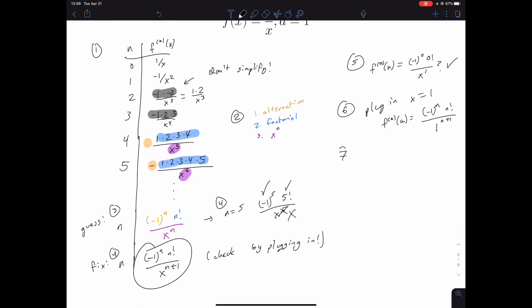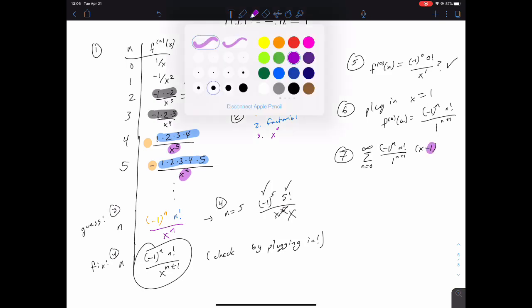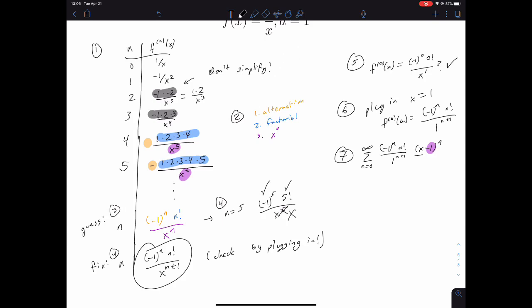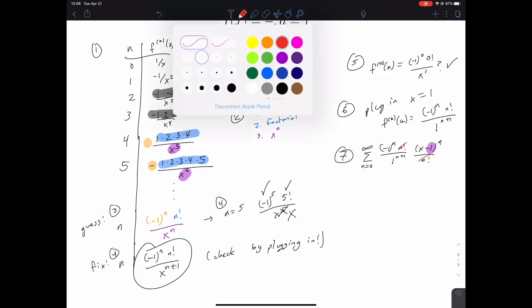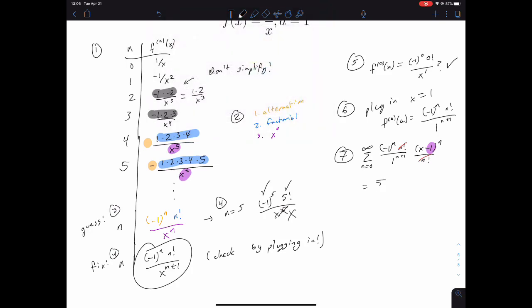And then step 7, this step is kind of the most important step, but it is super easy. Literally just plug into the formula. So I've got negative 1 to the n factorial, 1 to the n plus 1, x minus 1, this is important. This is from the center, that's part of the formula, to the n over n factorial. And now cancel. So the n factorials cancel. And this is the sum from, and this is nothing.